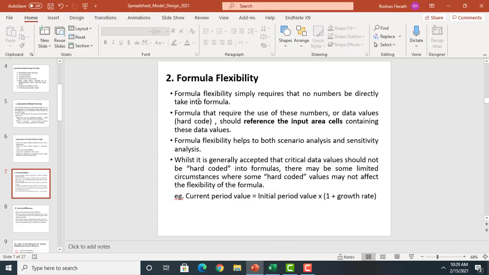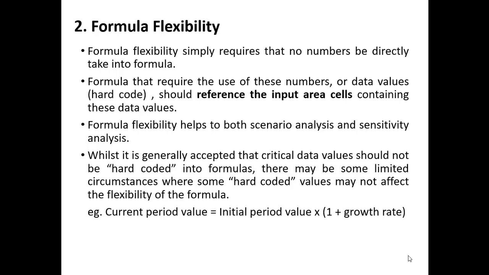It says that the formula flexibility simply requires that no numbers be directly taken into the formula. The formulas that require the use of these numbers or data values, hard code, should reference the input area cells containing these data values.